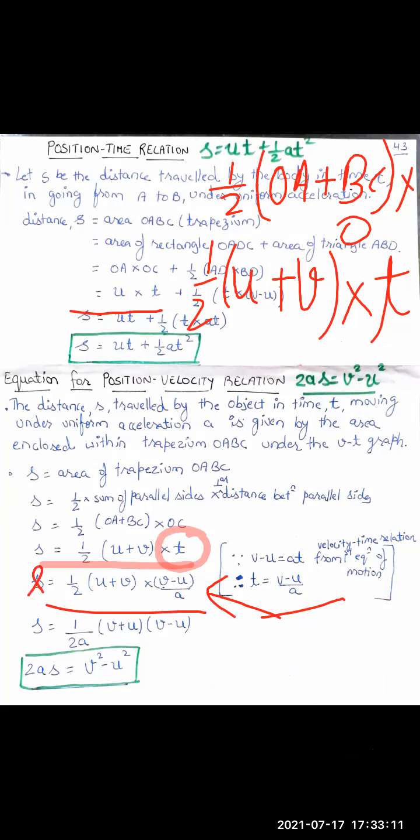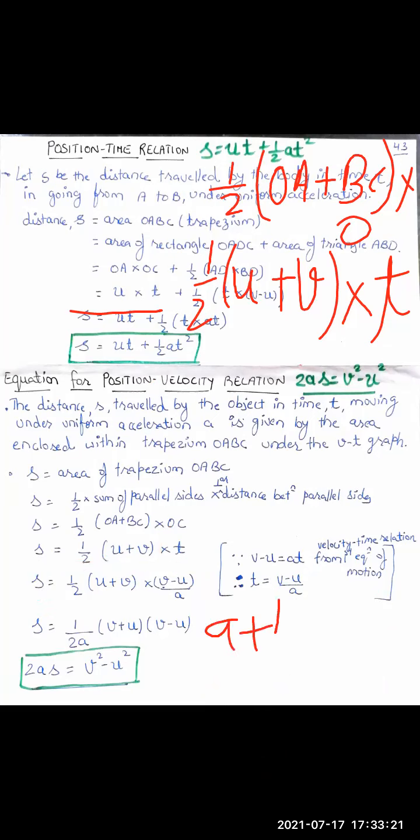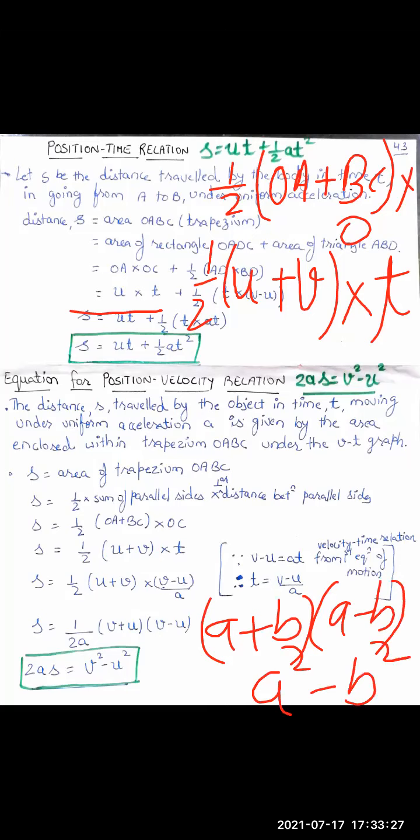Here you have distance, and distance we are representing by S. Now children, in maths you have done the identity, A plus B and A minus B can be written as A square minus B square. We know this identity, right? Here also similar to that, V minus U and V plus U can be written as V square minus U square.